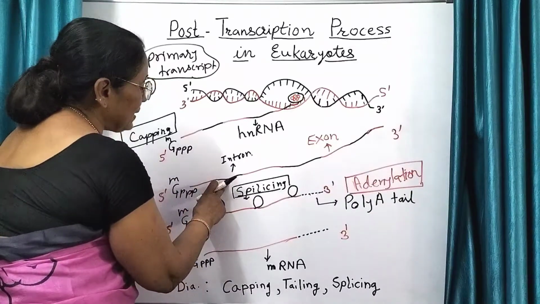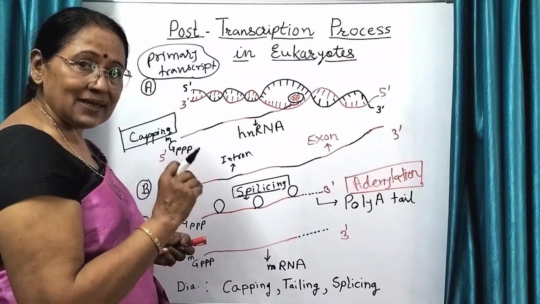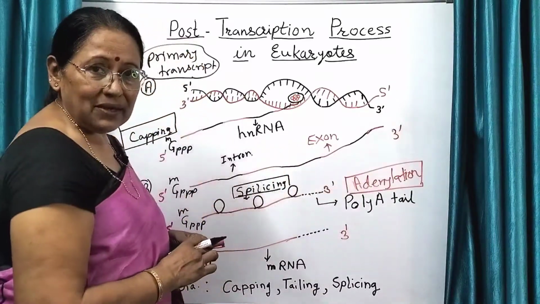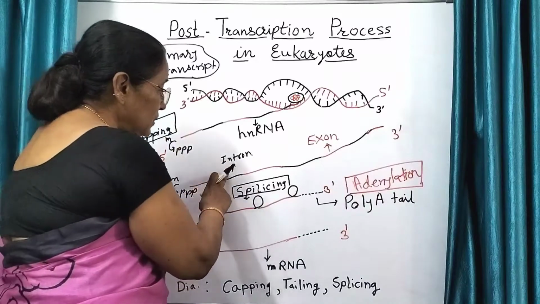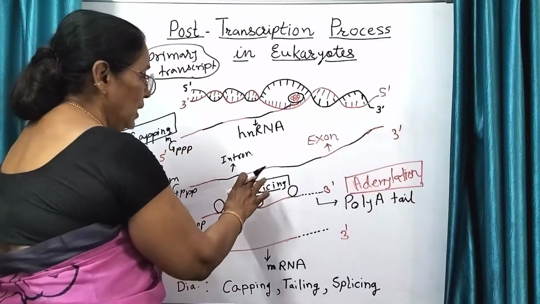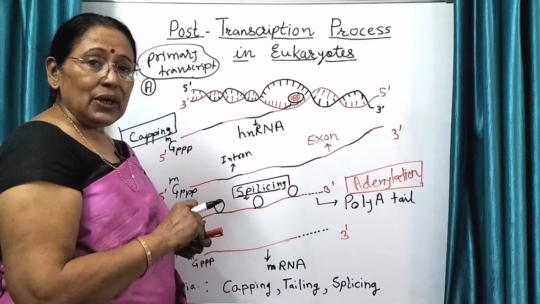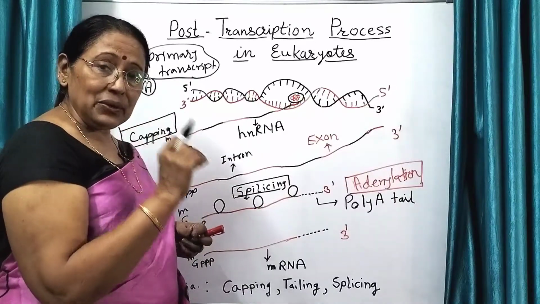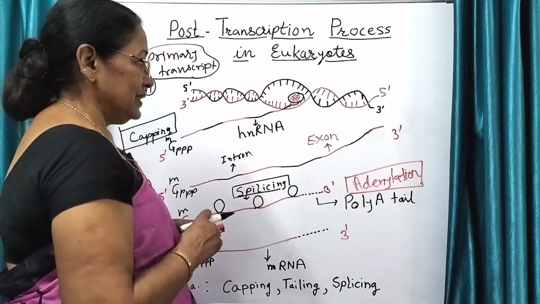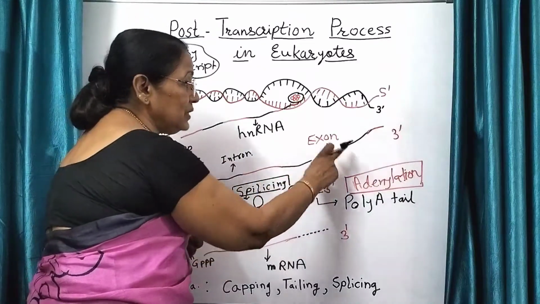Introns are the non-coding sequences, whereas exons are the coding sequences. Introns interrupt the coding sequence, so this RNA is not able to perform translation. What is required is to remove these introns.